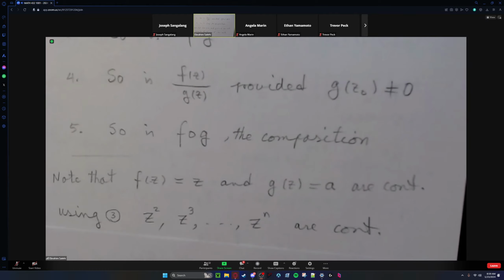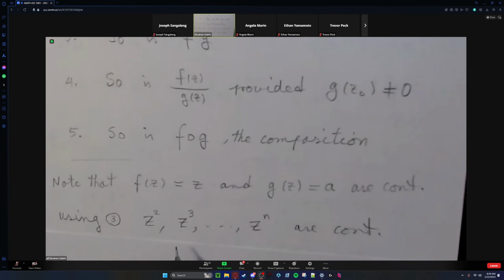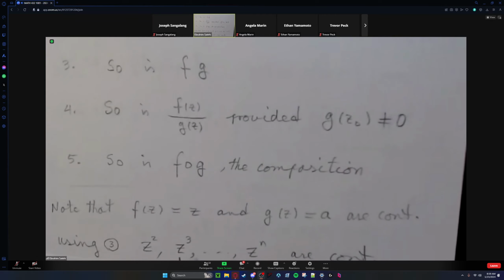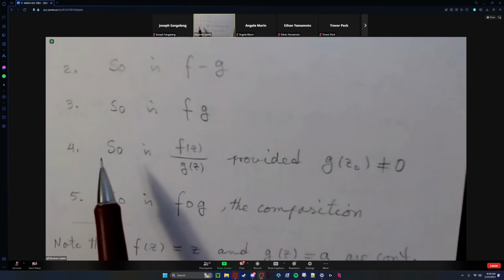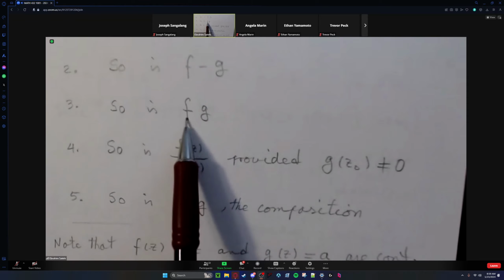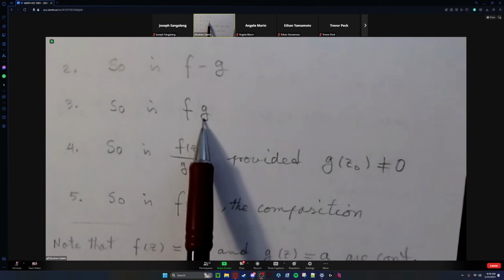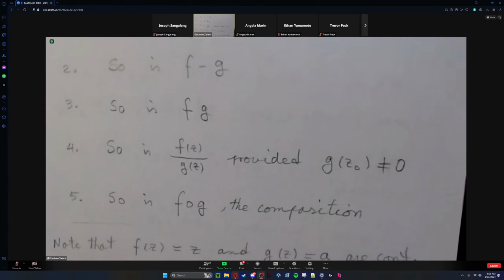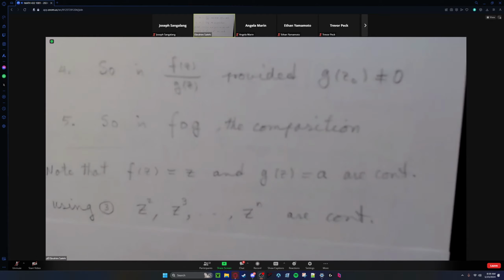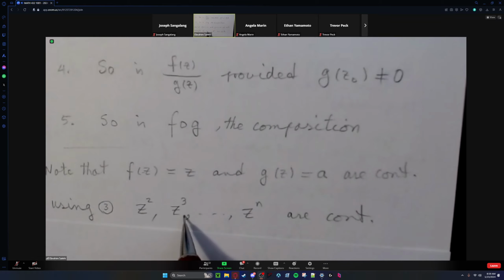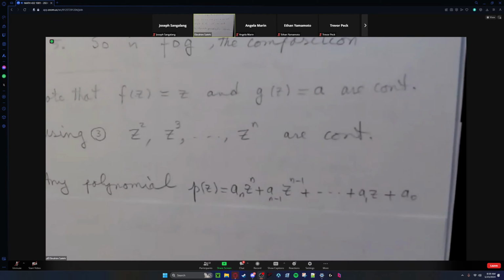And if we use those facts, for example, if you use number 3, where you say the product is continuous, right? So if z is continuous, z times z is continuous, which is z squared, z cubed, and so forth. So that takes us to any polynomial is continuous. Any polynomial function is continuous, okay?